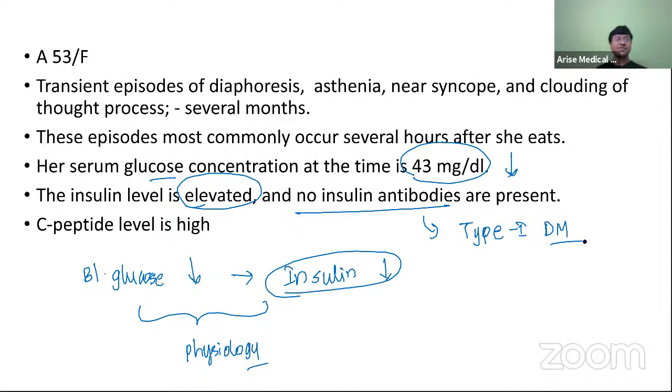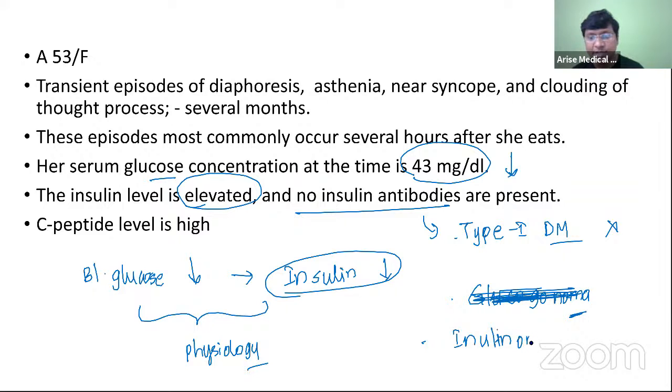Now, what are the other options that we have? The next important differential diagnosis that we have is glucagonoma. So in case of glucagonoma, sorry, I'm very sorry, it is a case of insulinoma.